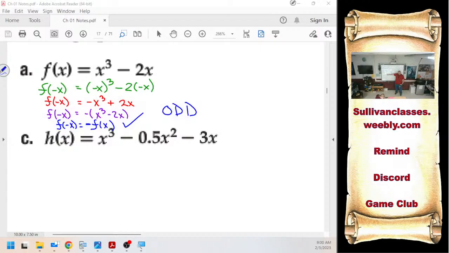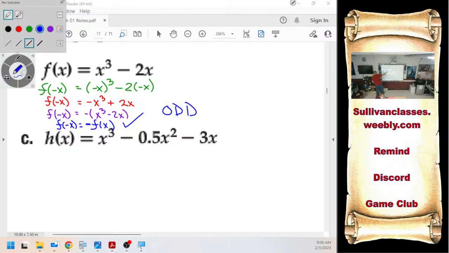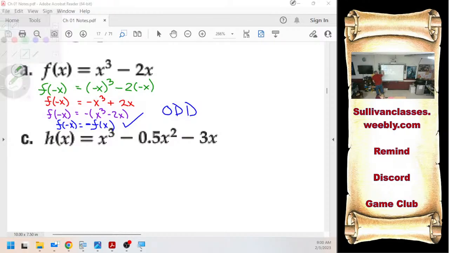And you have to understand that this means the negative x resulted in negative y. This guy. I'm going to negate the x and see what happens. H of a negative x. I negate this guy. I negate that guy.